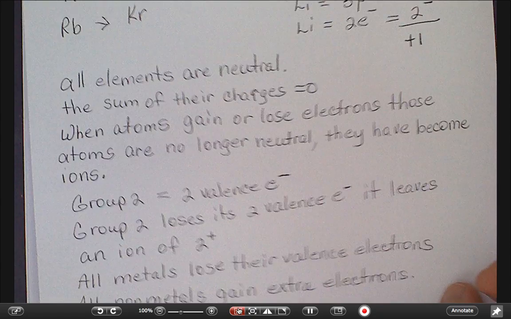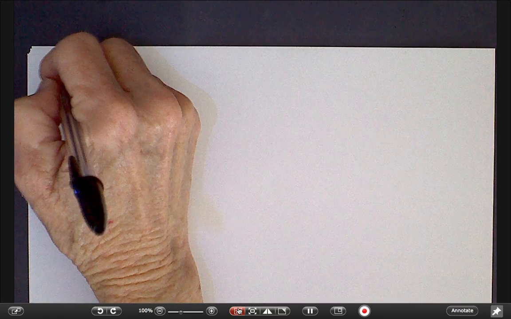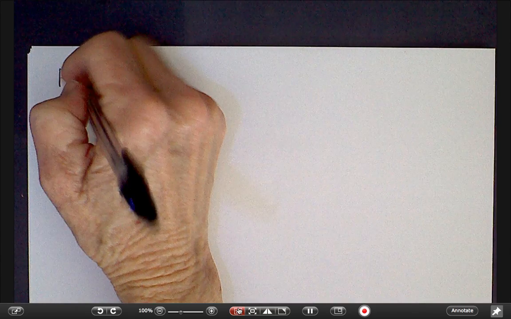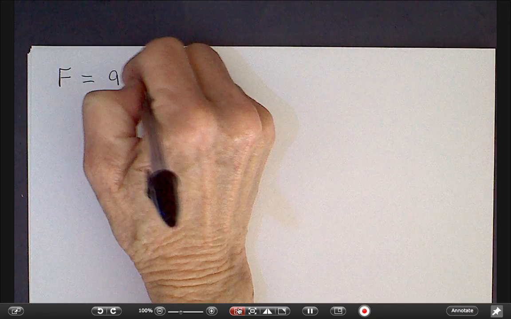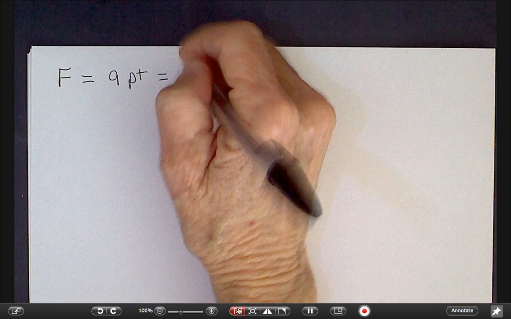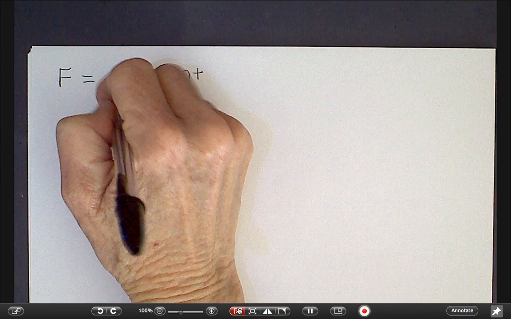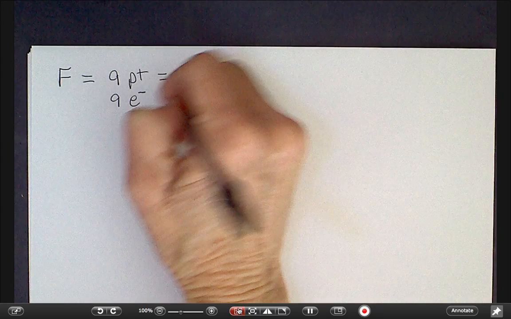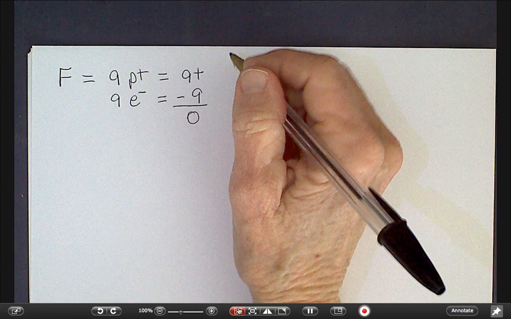So what does this look like? A nonmetal, let's say fluorine, has 9 protons, which equals a positive 9, and 9 electrons, which equals a negative 9, which adds up to 0.